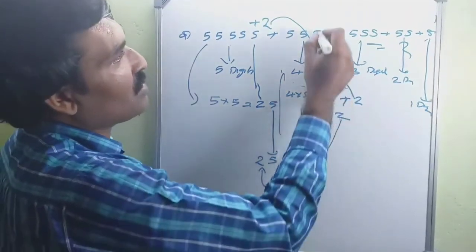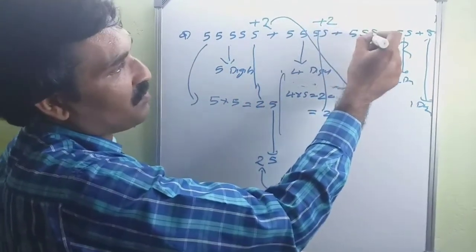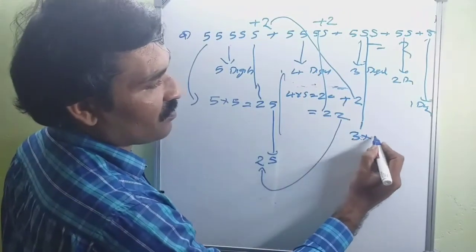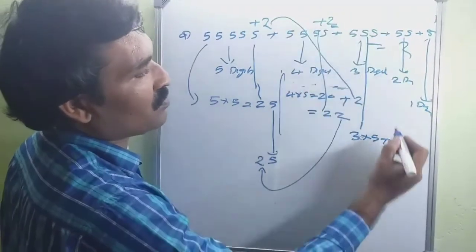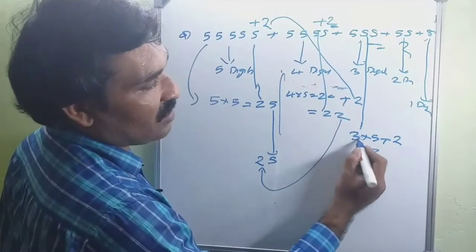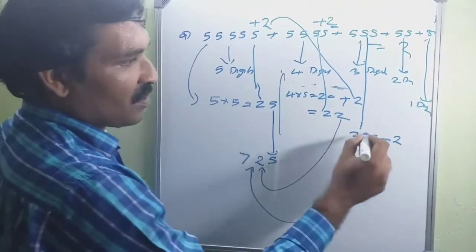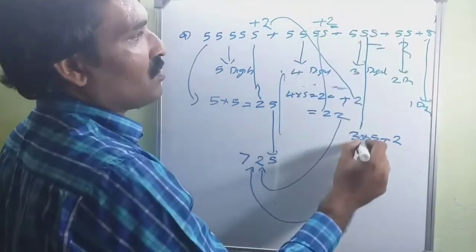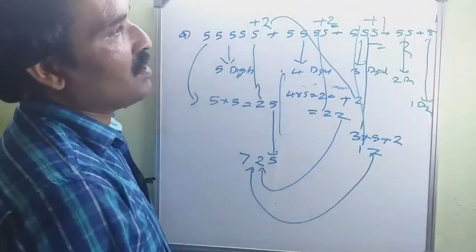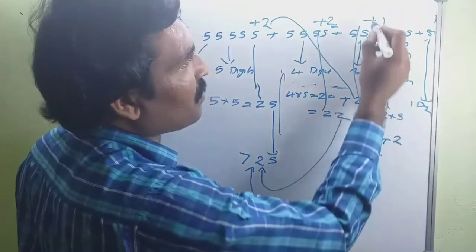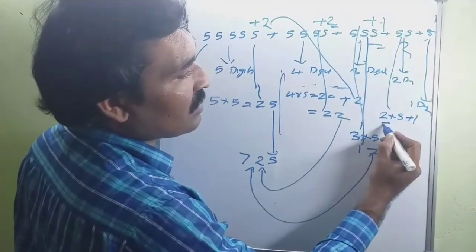And this 2 is added with the next term. So this is 3 into 5 plus this 2, that is equal to 17. 3 into 5, 15 plus 2, 17. This 7 comes here and this 1 goes here. Now this term, that is 2 into 5 plus this 1, that is equal to 11.